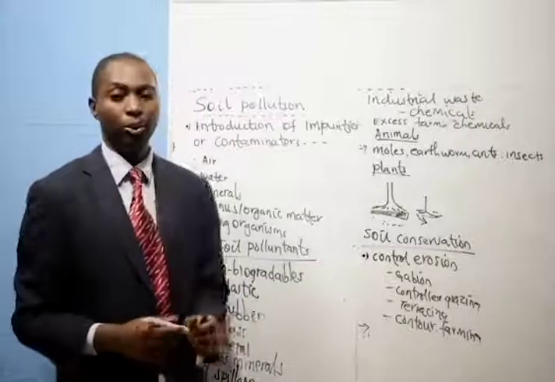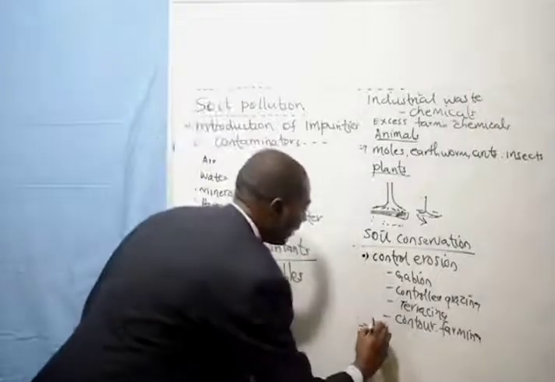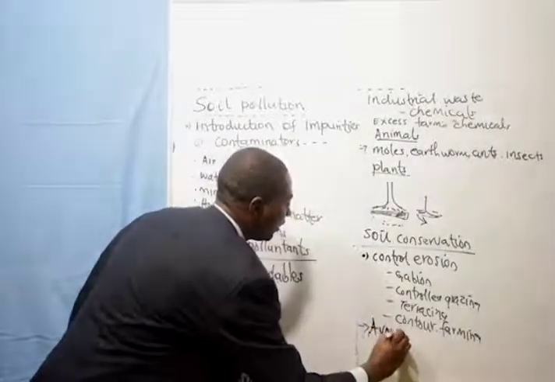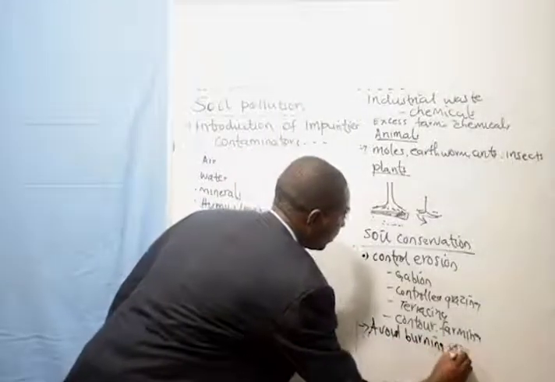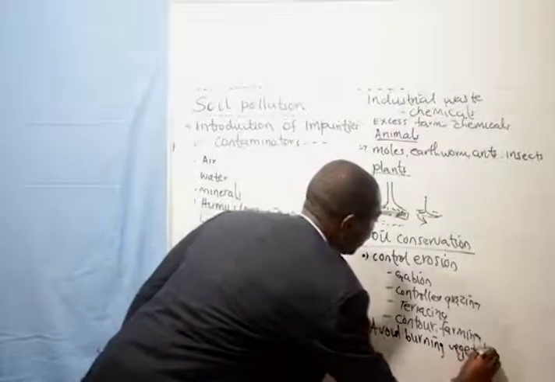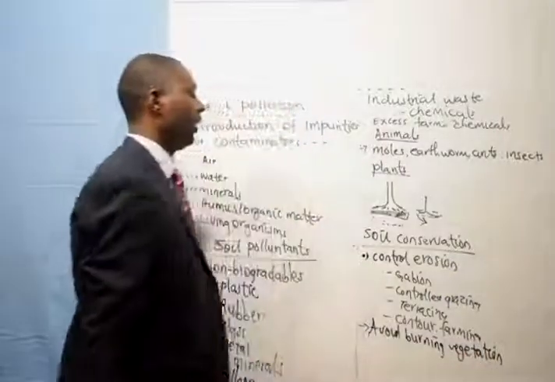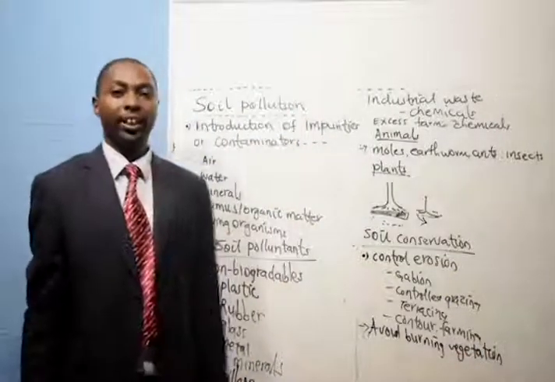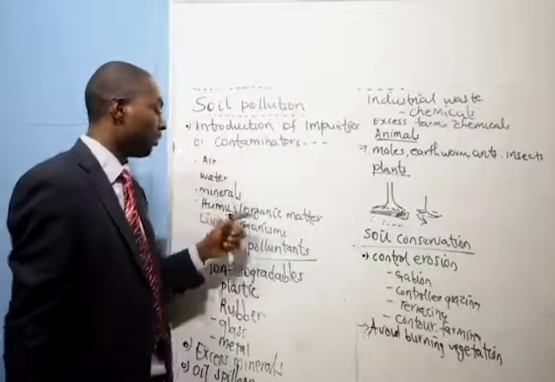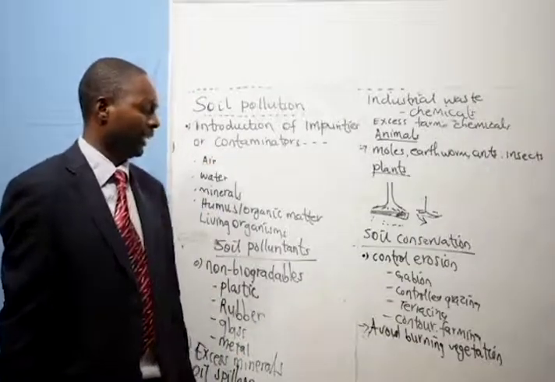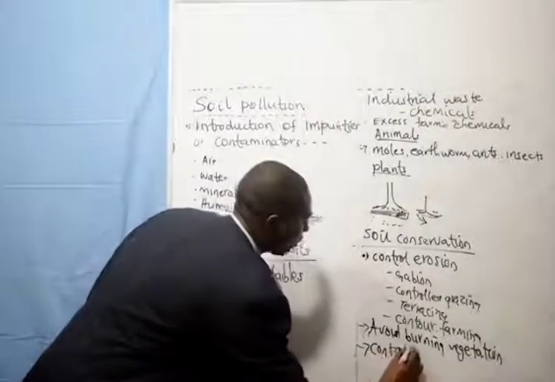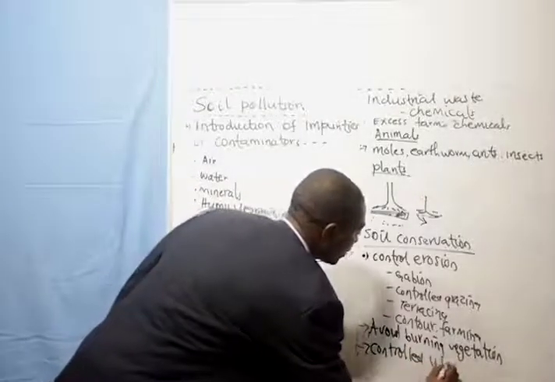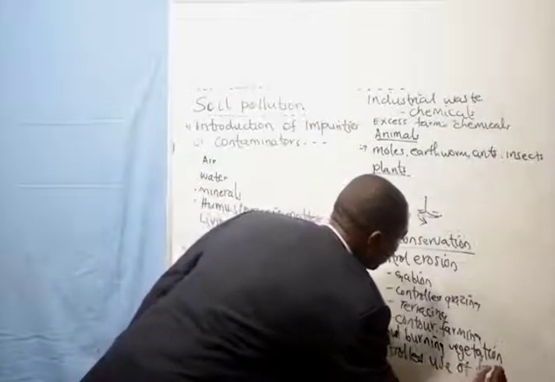Number two, avoid burning vegetation, because once you burn vegetation, you destroy humus and the living organisms, affecting the soil composition once again. The other one is controlled use of farm chemicals.